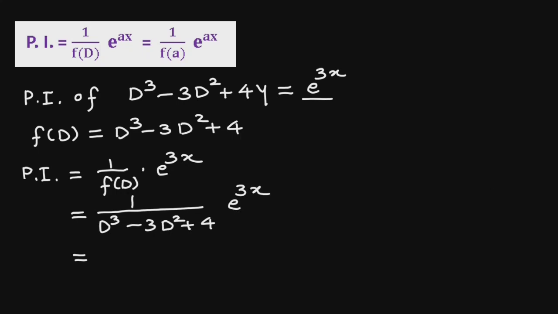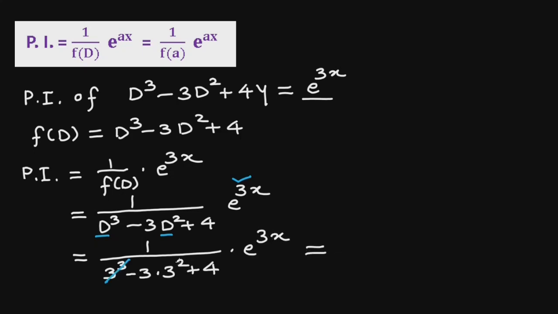We have to replace this D by this 3. So it will be 3 cube minus 3 into 3 square plus 4 e raised to 3x, which is 3 cube minus 3 cube will be 0. So particular integral is e raised to 3x upon 4.